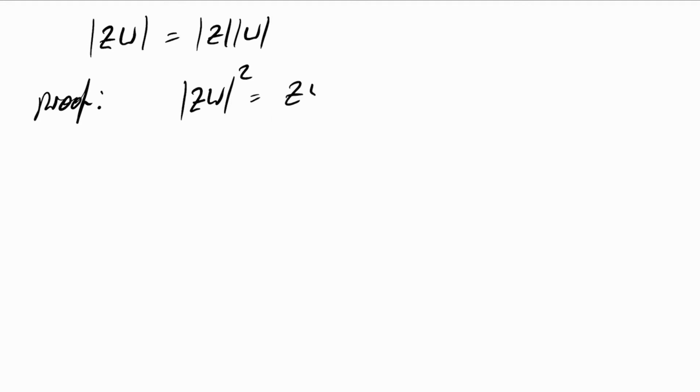There are some other important properties of the modulus. The modulus of z times w is equal to the modulus of z times the modulus of w. To see this, what we can do is calculate the modulus of zw squared. Using what we had before for the conjugate, this is zw times the conjugate of zw.